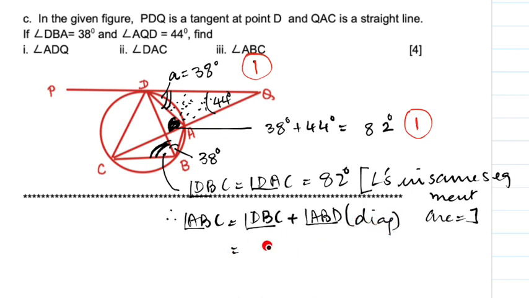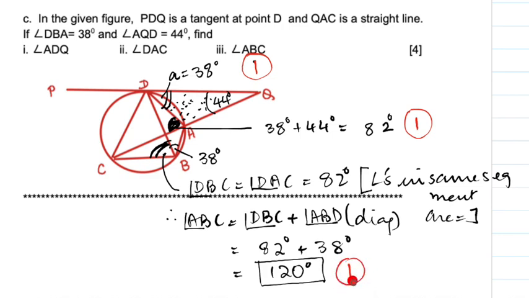So that will be DBC is 82 degrees plus ABD is 38 degrees, and you add them, so you get 120 degrees. So this is your third answer. So this will be your 1 mark and this will be your 1 mark. To get this angle over here, this one as angle in the same segment. Now if your reasons are missing, remember the marks will be missing.